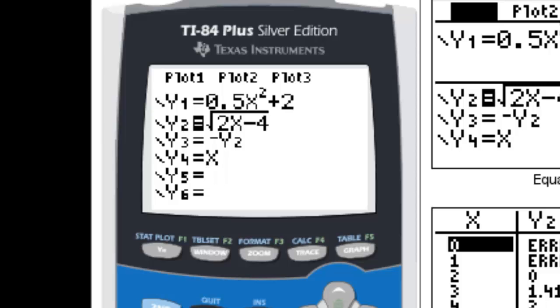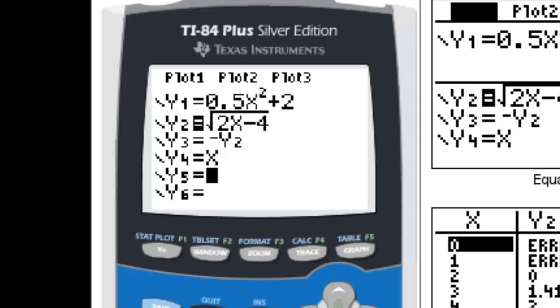Now, our calculator doesn't have a plus or minus, so I have to break the equation into two parts, the positive and the negative. So in y2, I put the positive expression, the square root of 2x minus 4. In y3, I put negative y2, which means take the information in y2 and multiply it by negative 1. Saves me a lot of time.